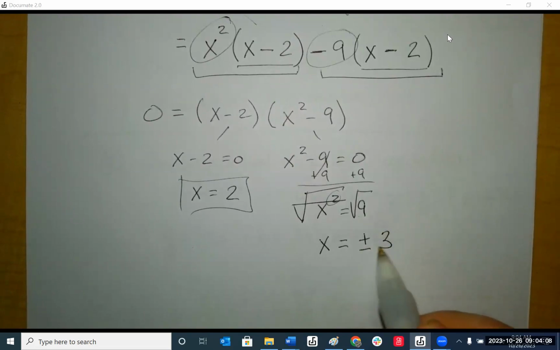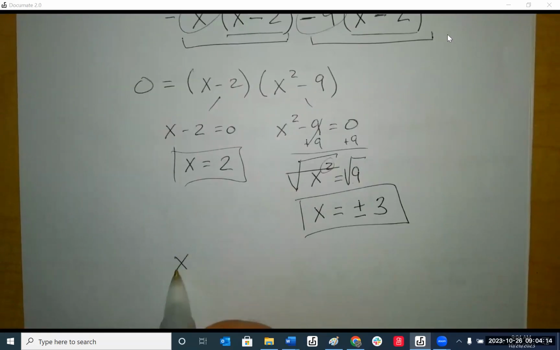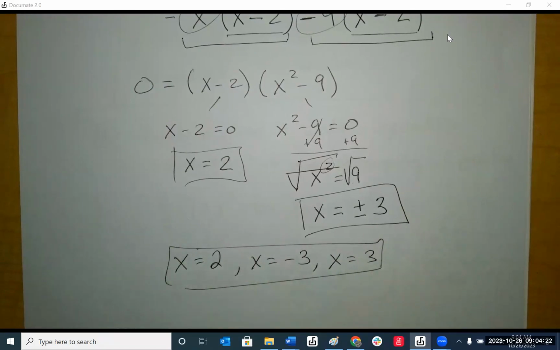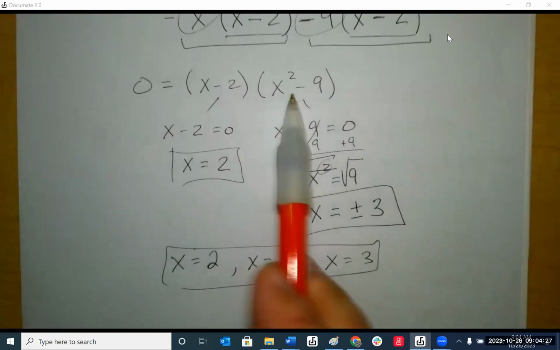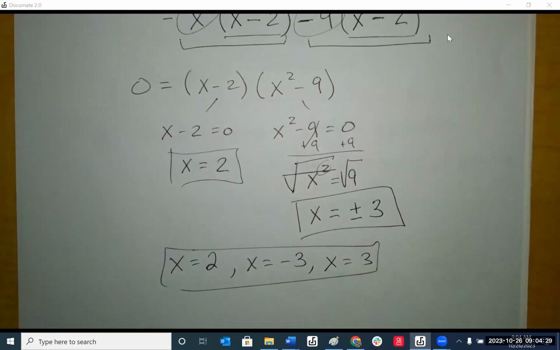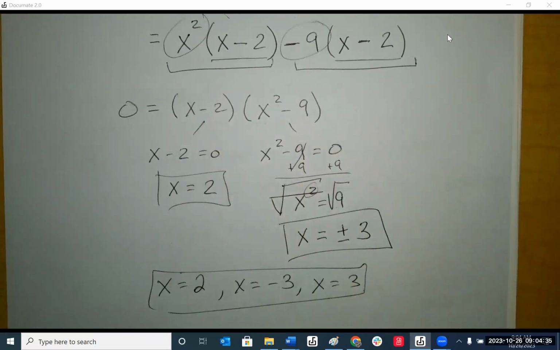Square root of 9 is 3. Those are my three answers: x equals 2, x equals -3, and x equals 3. Those are my x-intercepts. Yes, it doesn't matter how many parentheses we have. It's the leading exponent, because inside here there's two of them, and inside here is one.